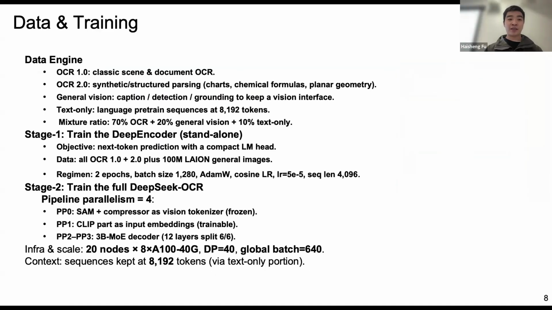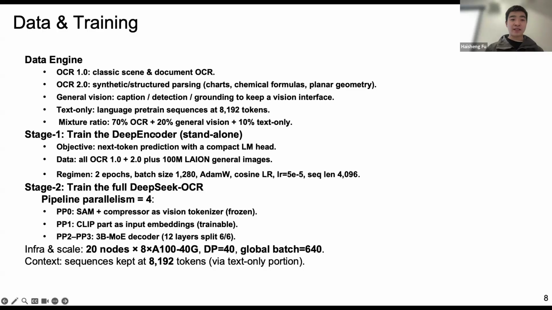This part is about its data and training part. Its data include these 4 parts. The first part is OCR 1.0, a classical scenes and documents OCR. The OCR 2.0 is synthetic structured charts or chemistry, specific data for the domains.